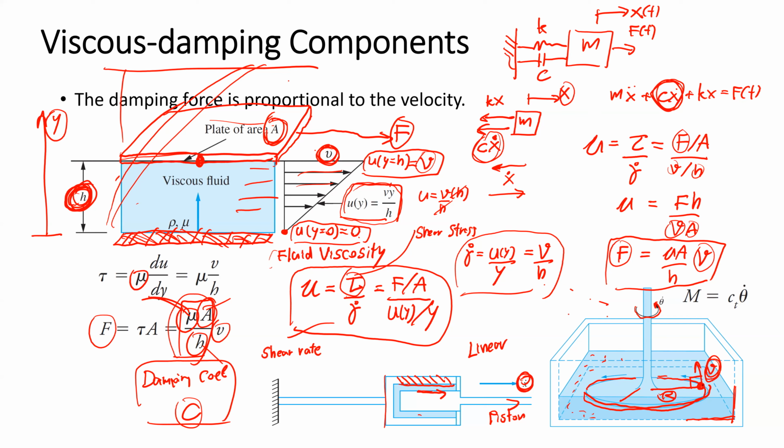Only the contact point between the fluid molecule and the disc surface needs to have the same velocity as the disc particle. So we can create the torsional damping coefficient to resist the angular velocity, to generate the moment as a function of angular velocity.